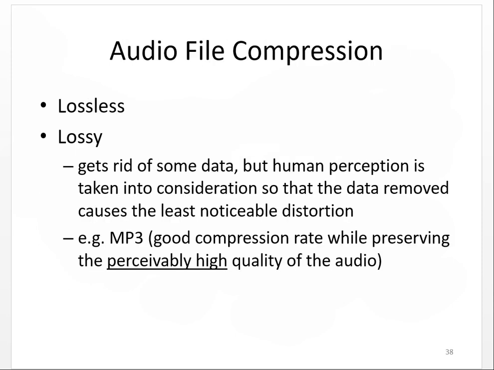Then coming to audio file compression, in an audio file we have lossless and lossy compression. Lossy just gets rid of some data, but human perception is taken into consideration so that the data removed causes the least noticeable distortion. MP3 is a good example of that.